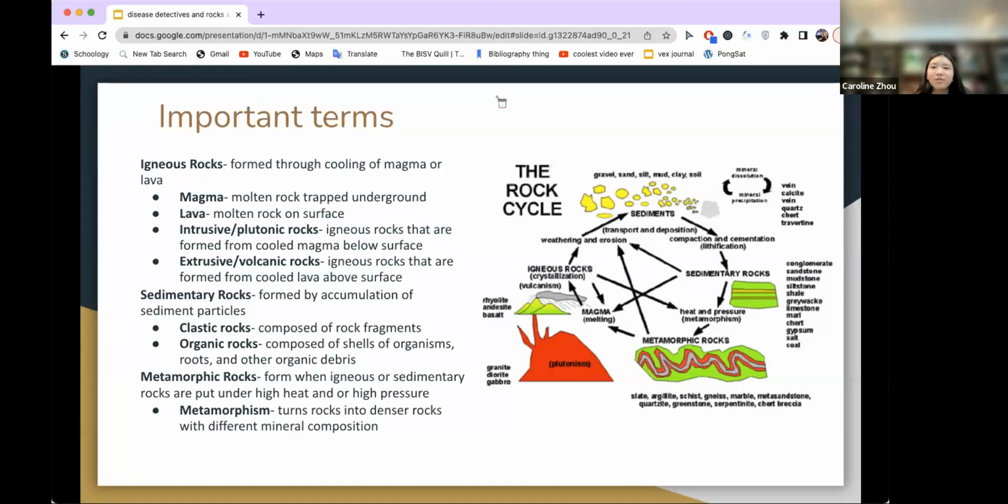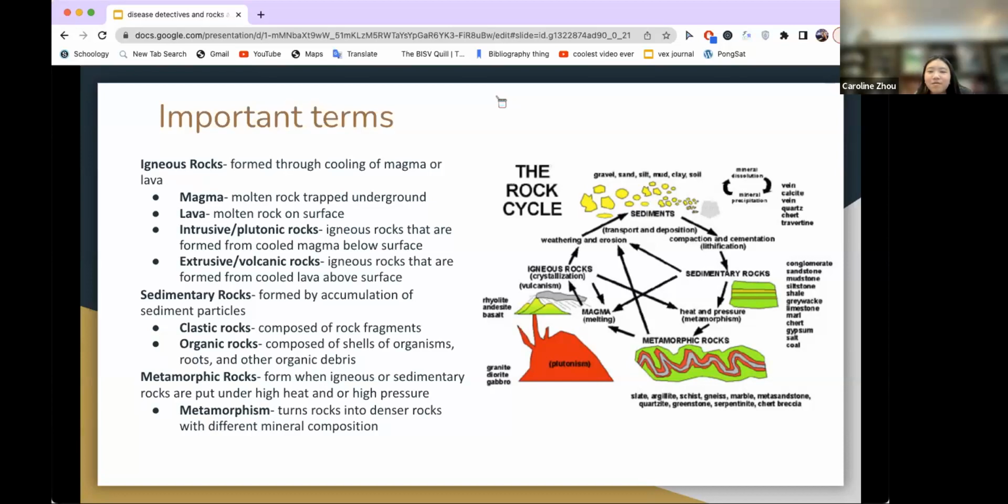Metamorphic rocks are basically squished versions of other rocks, and they form when igneous or sedimentary rocks are put under high heat and or high pressure. Metamorphism turns rocks into denser rocks and changes the mineral composition, so it will look a little bit different.